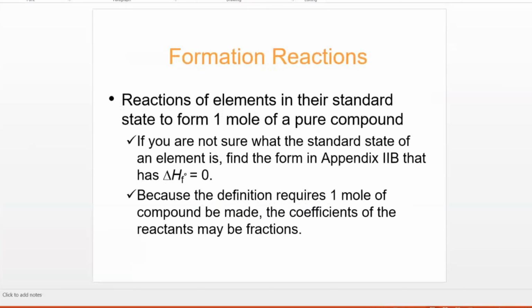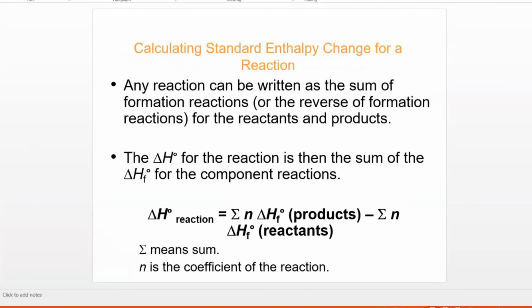So how we can calculate a delta H of a reaction from looking at one specific reaction is we can take the sum of the delta H of formation of the products minus the sum of the delta H of the reactants.